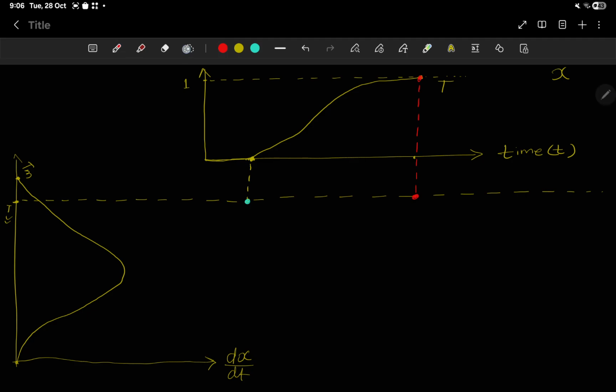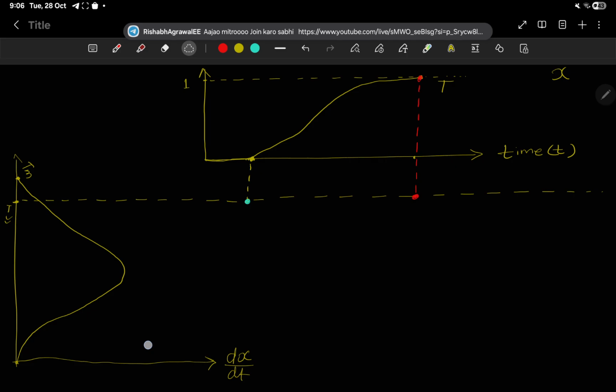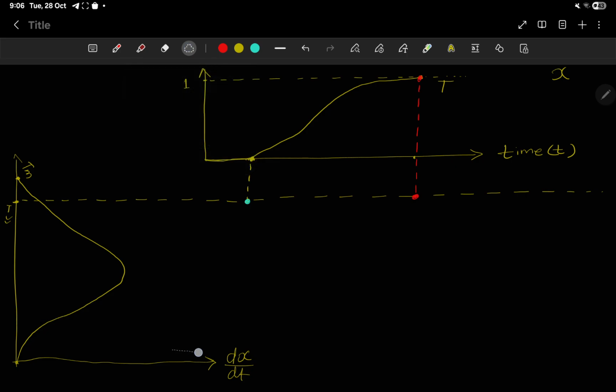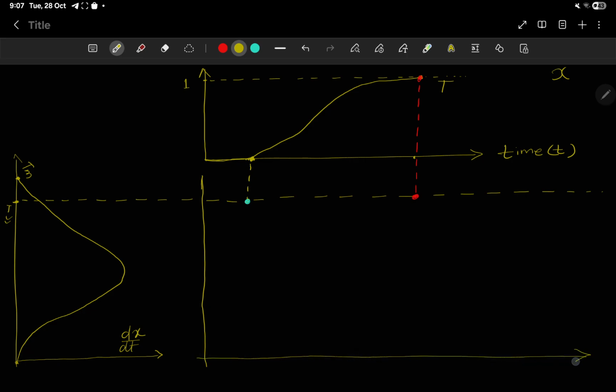Now let's draw one more graph. On the y-axis we will get T, on the x-axis we will get ln t.